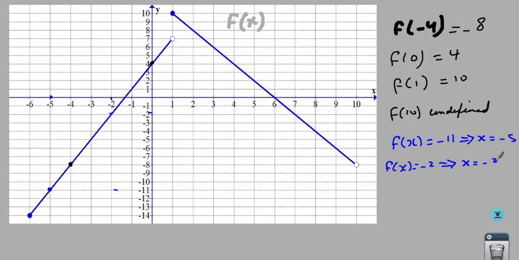How about f of x equals 7? We look at y equals 7, we go across. We don't take this point because it's not part of the line. Go across to this point, and it's obviously 2.5.